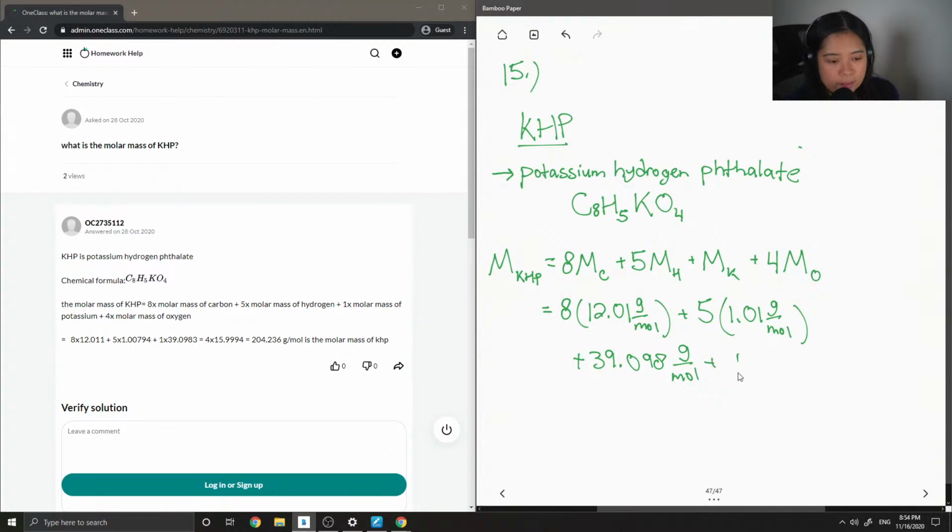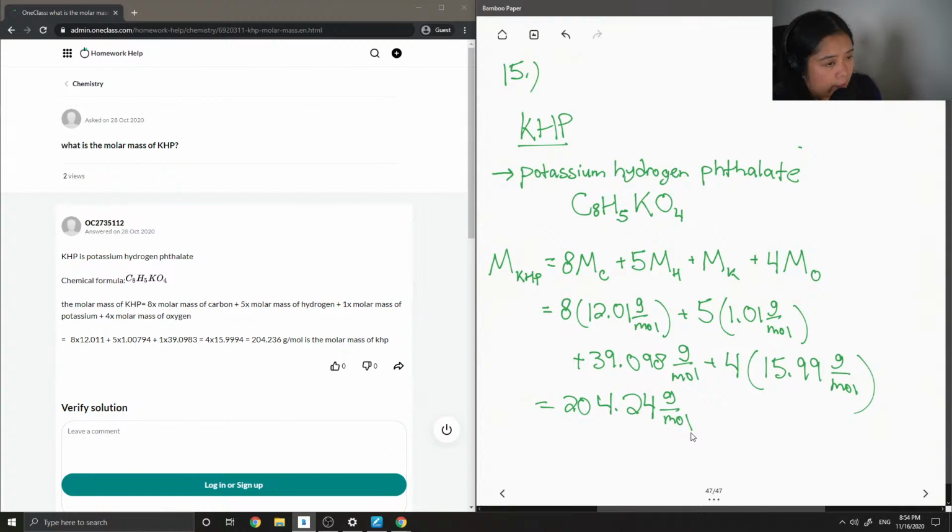And lastly, oxygen has a molar mass of 15.99 grams per mole. Okay, so if we were to add up all these values, you get a final molar mass of 204.24 grams per mole for KHP.